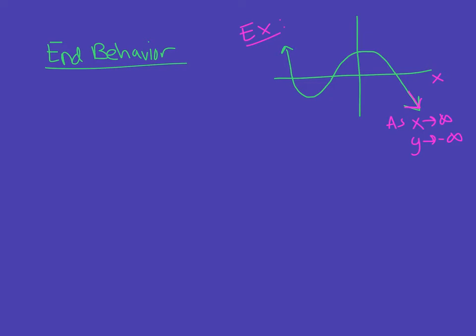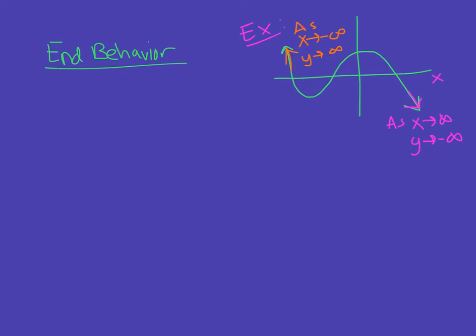Now, if we look in the other direction, we can see right here that as our x values are getting more and more negative, which means we say that x is approaching negative infinity, as that happens, our y values are getting really, really big. So we say that y is approaching positive infinity.